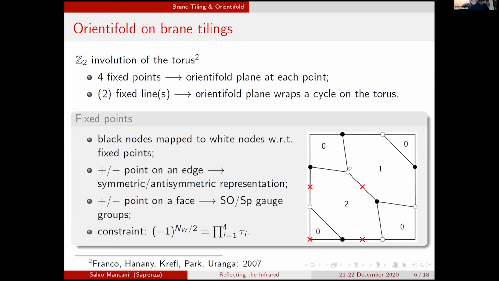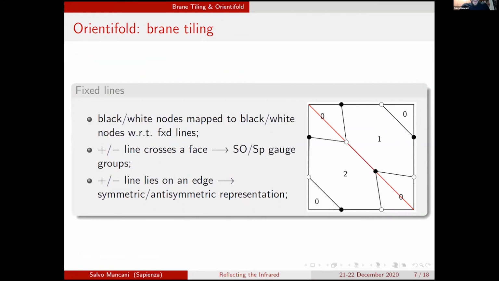In case of 4 fixed points, there is also a constraint, which we call the sign rule. In case of fixed lines, the rules are essentially the same. So in this case, the bifundamental field here will be projected into a symmetric or antisymmetric representation, depending on the sign we give the orientifold plane.